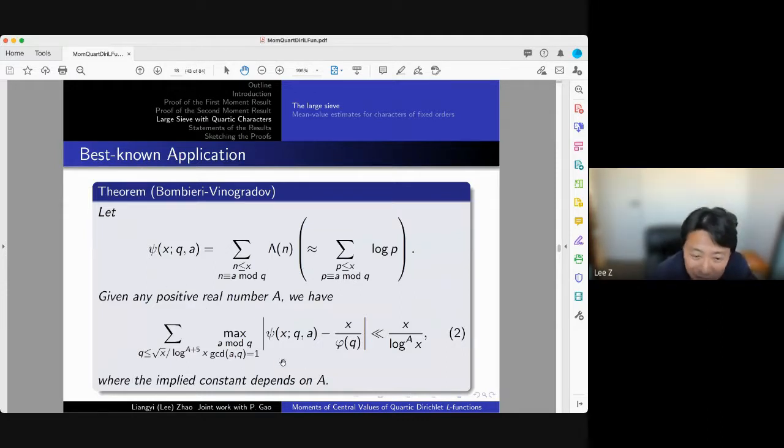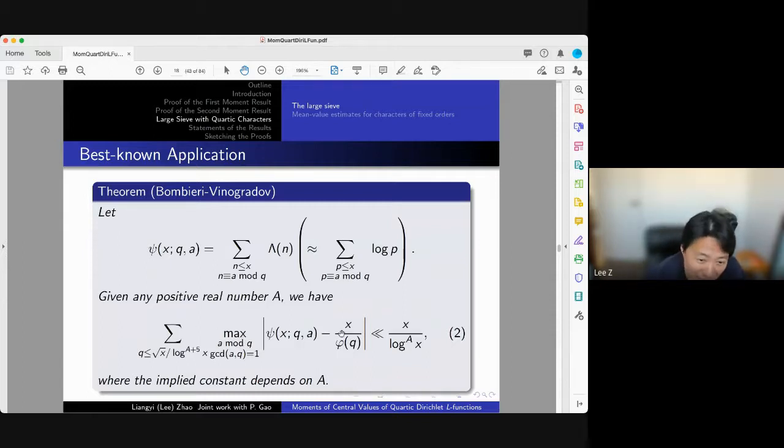And the result here, we're looking at this number of primes congruent to a mod q. Then we subtract x over phi of q. That's actually the main term in the prime number theorem for arithmetic progressions. So this basically is the error term in the prime number theorem for arithmetic progressions, and we're taking a max here over a. In fact, there are a couple other maxes you can add in as well.